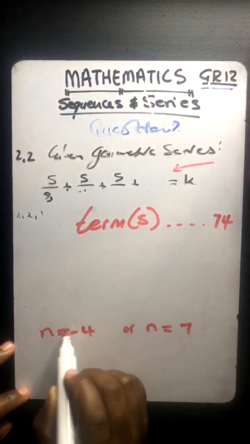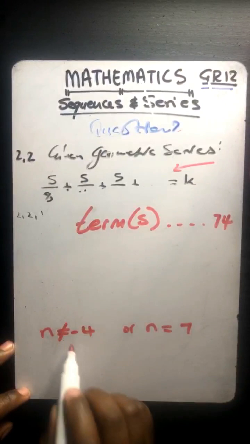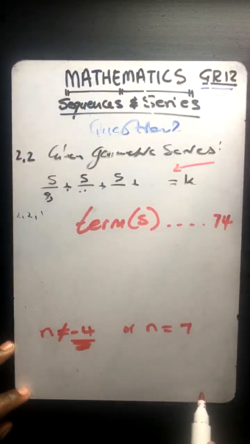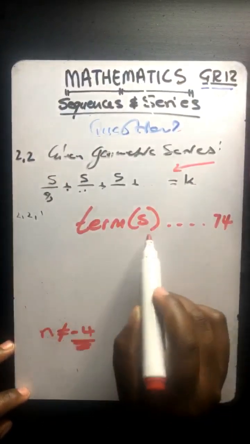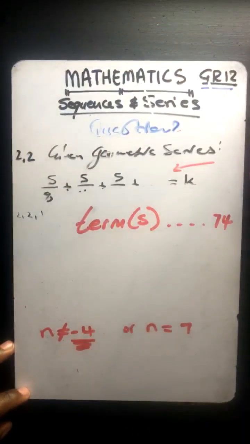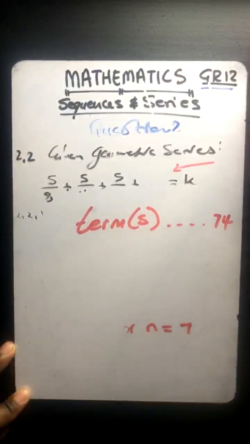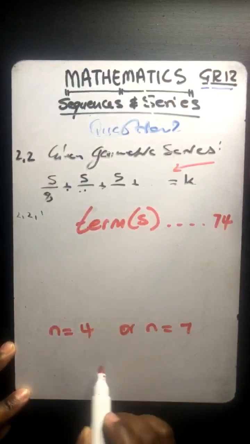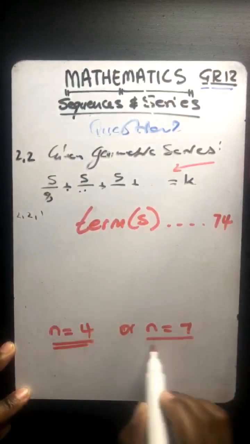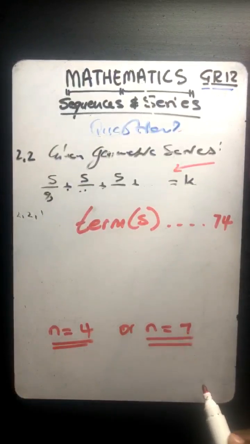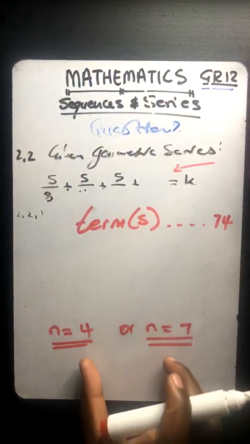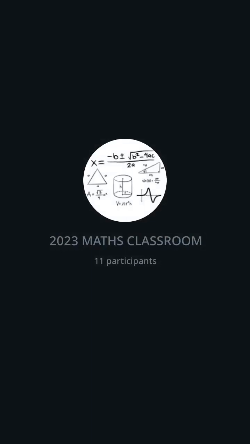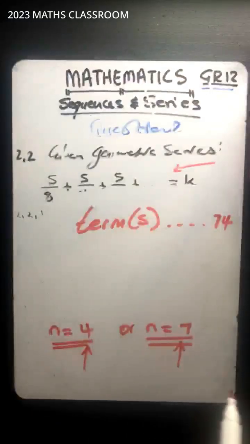Then we know that this is the one that we cross because it has that negative. But in this case, you can possibly have n being 7 and n being 4, both of them being positive answers. How are you going to choose which one is which? Because both of them suit to be an answer.